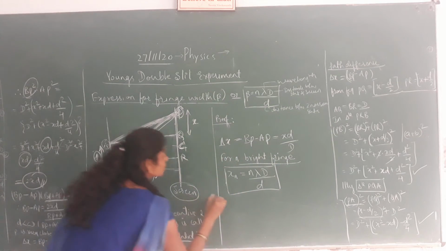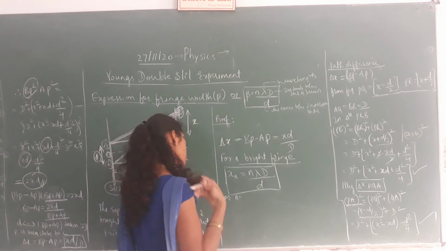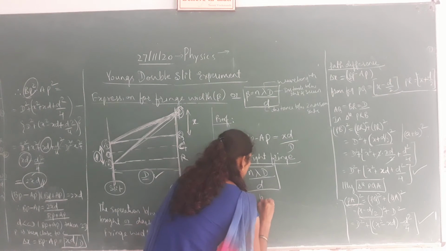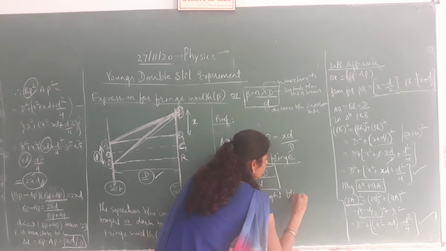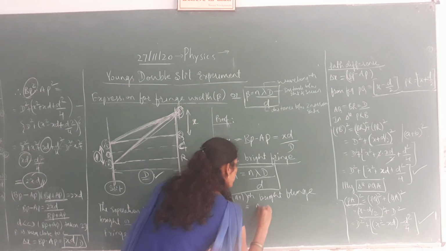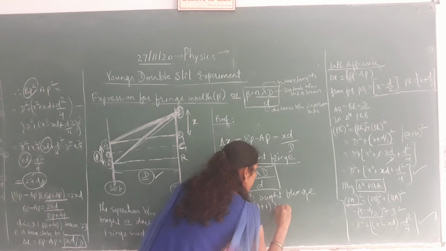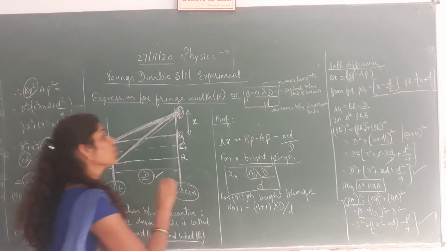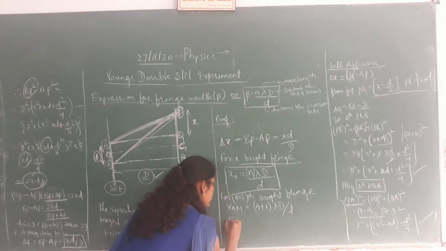Same thing for the n plus 1 fringe, for bright fringes only. So again we are writing it like this. x n plus 1 is equal to, in place of n we are substituting n plus 1, into lambda D divided by capital D. And we take the difference of those two, that we call the fringe width beta.